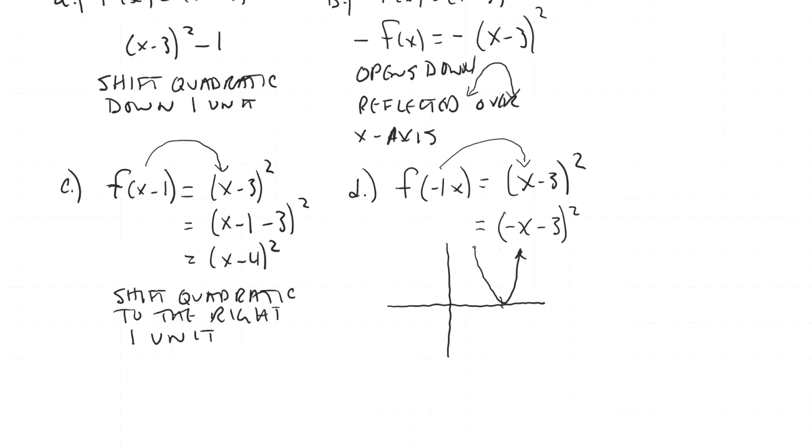This is what we started with. This particular graph is now going to be 1, 2, 3 over here, and it's basically reflected over the y-axis, and we can see this by minus x. So we start over here at positive x, and then we make it minus x, so it's flipping over.